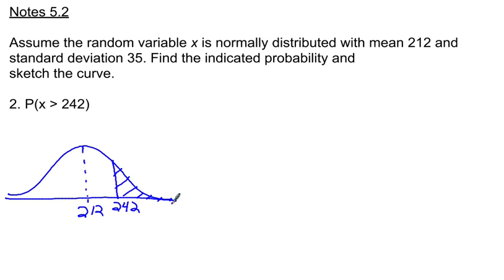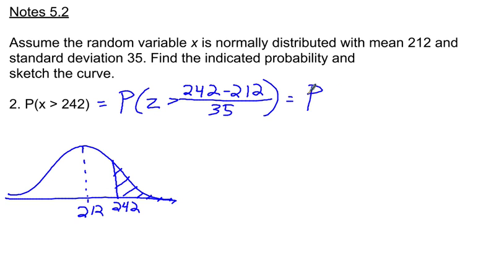So I will standardize my data value, so I use z instead of x now, and I use my z-score formula where I take my data value, 242, minus the mean, divided by the standard deviation, and this gives us a z-score of 0.86.